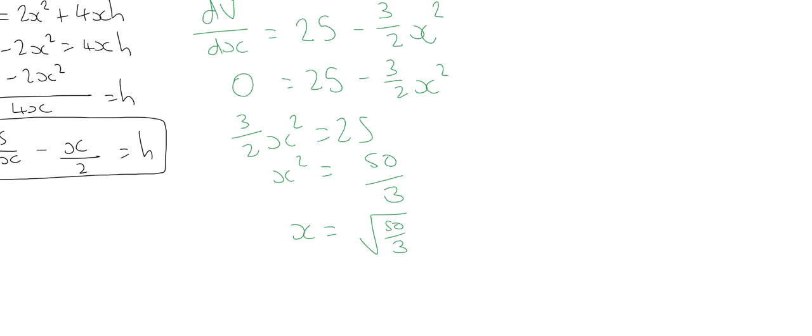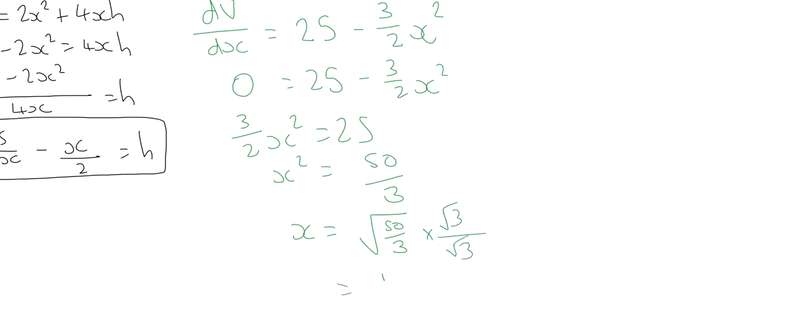So what's wrong with this at the moment? Is this the right answer? Why is it incomplete? What's wrong with this in its form at the moment? It's got an irrational denominator, right? So I'm going to rationalize my denominator.